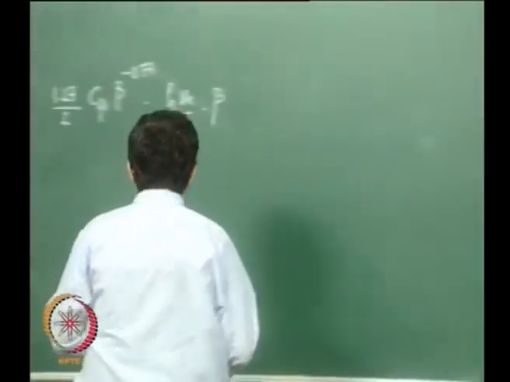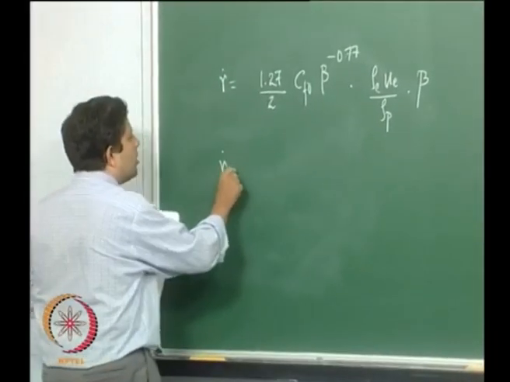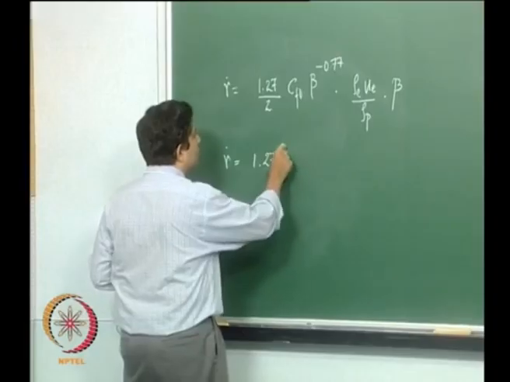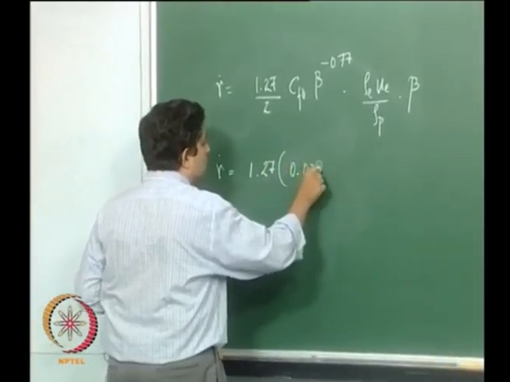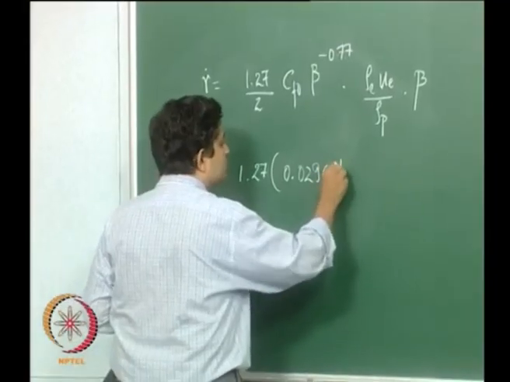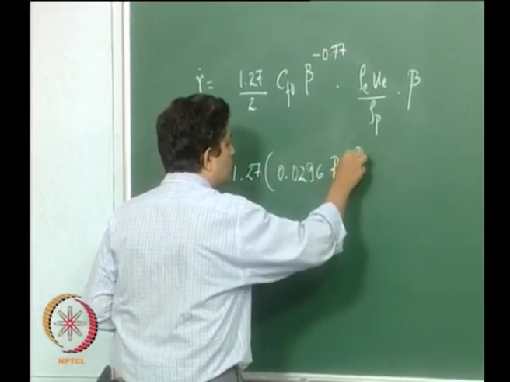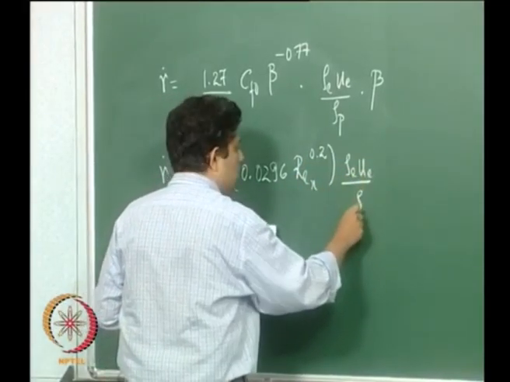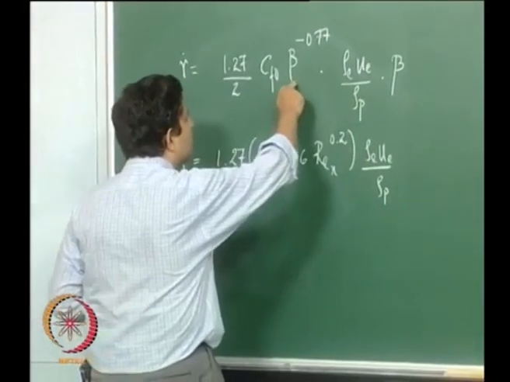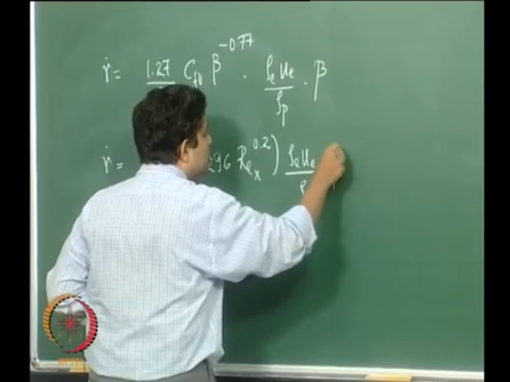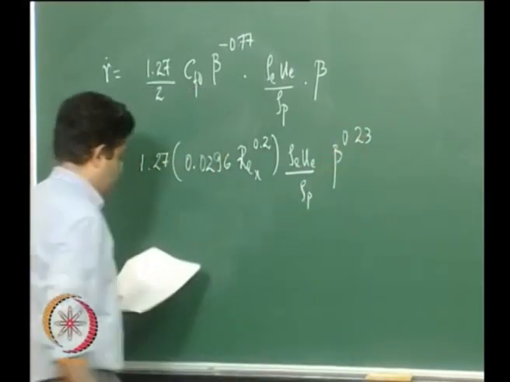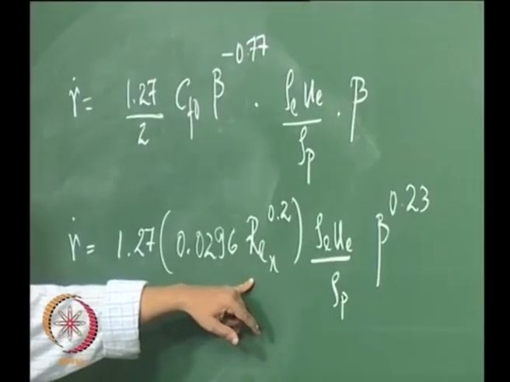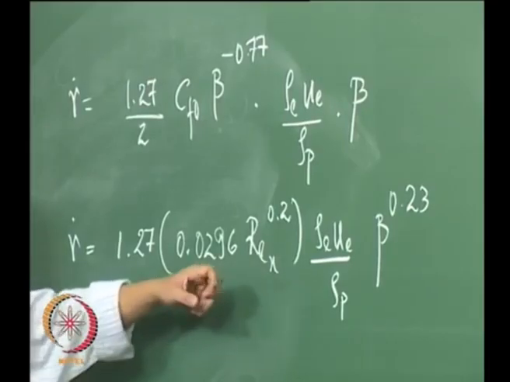So if we substitute that, we will get r dot is equal to, so beta is minus 0.77 and 1, so I can write it as beta to the power of 0.23. Reynolds number is nothing but rho e ue into x divided by mu.